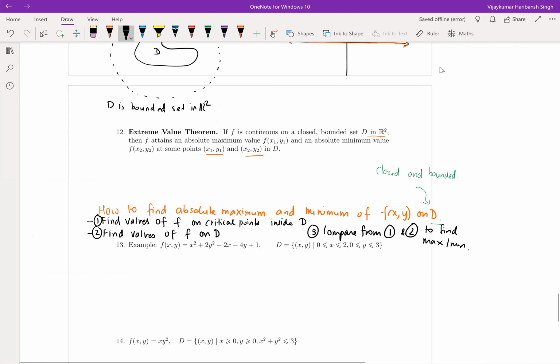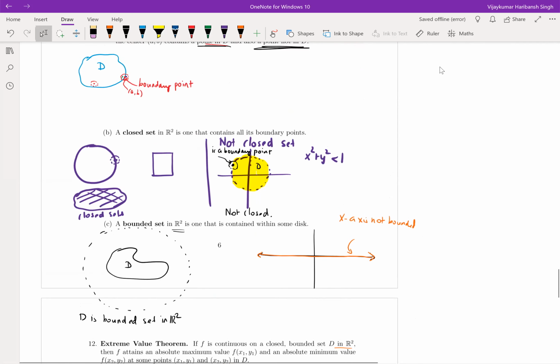This is essentially what you did for the function of one variable as well.